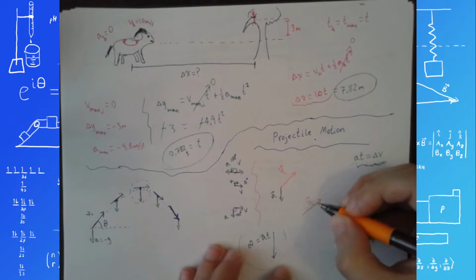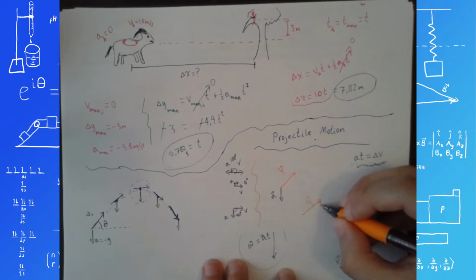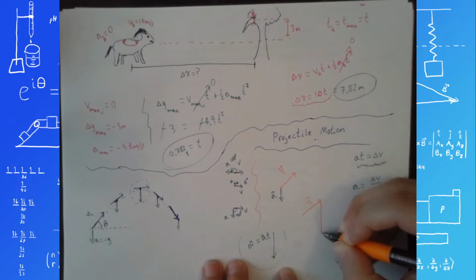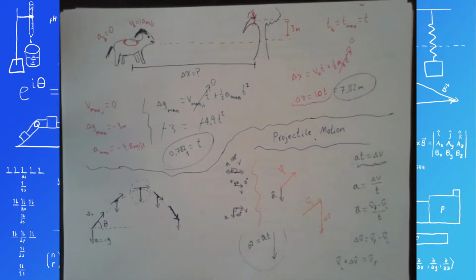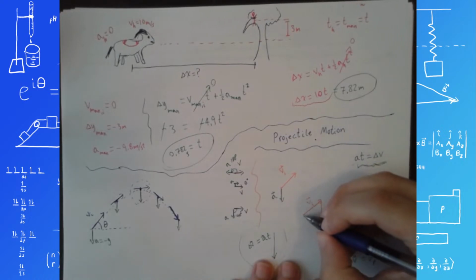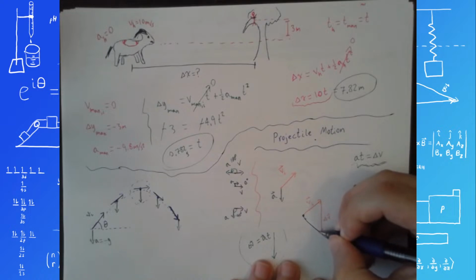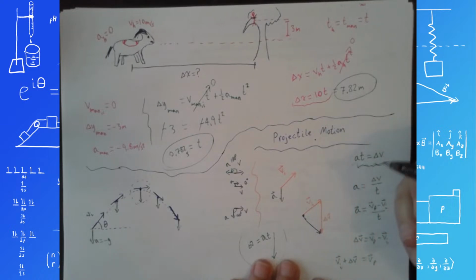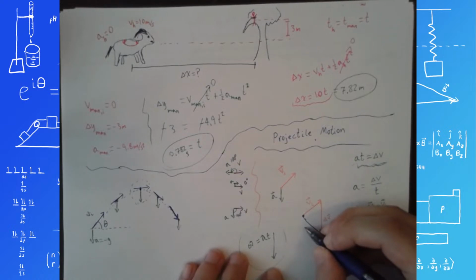There's v initial, and then plus delta v, which is going to look like that. Then the sum of those two vectors is just connecting the last exposed tail to the last exposed tip. I didn't mean for this to look like a 90-degree triangle, but that's what it ended up looking like. But yeah, this would be v final.